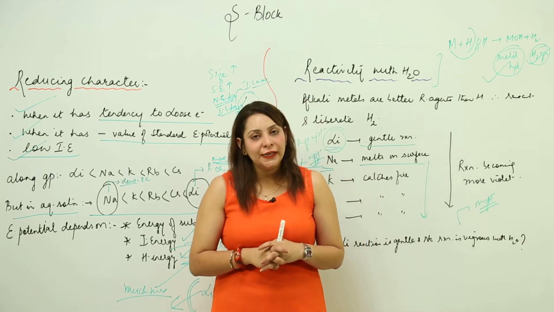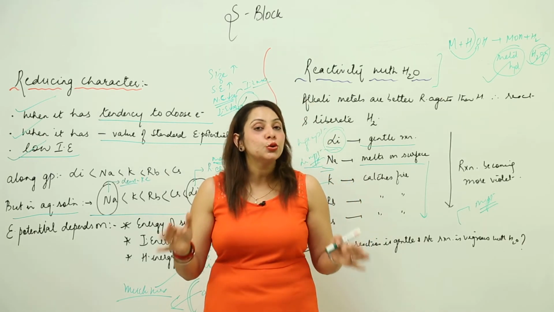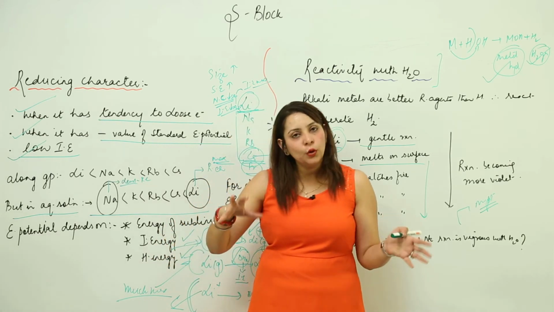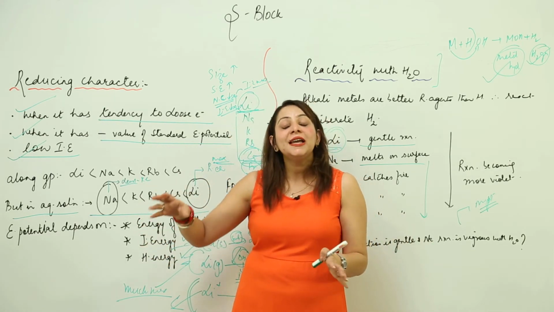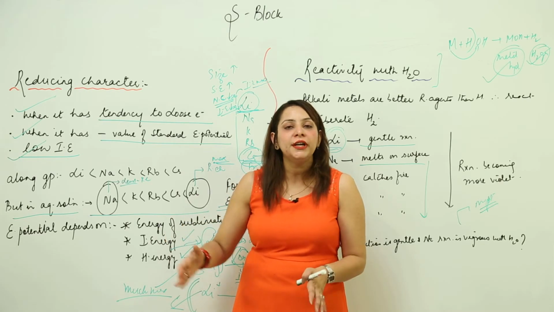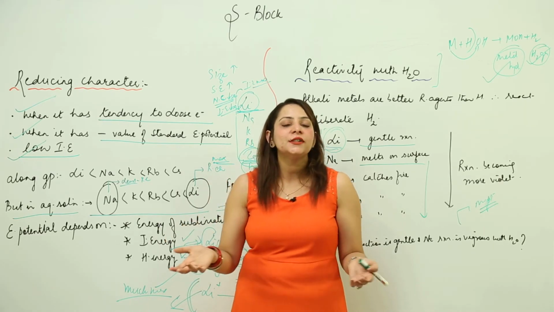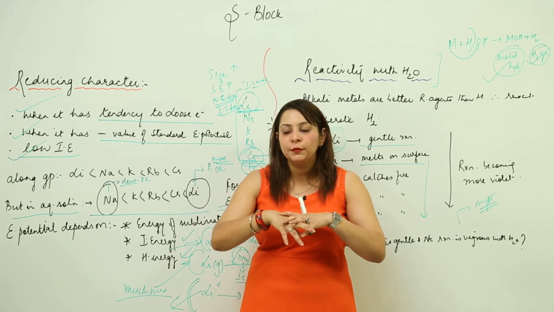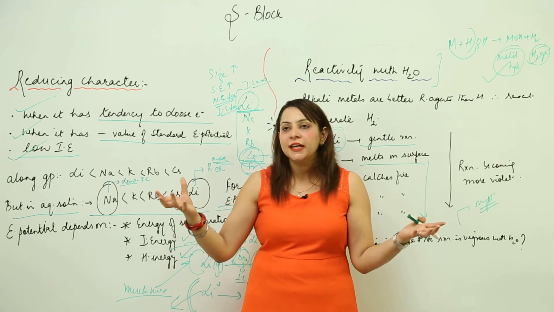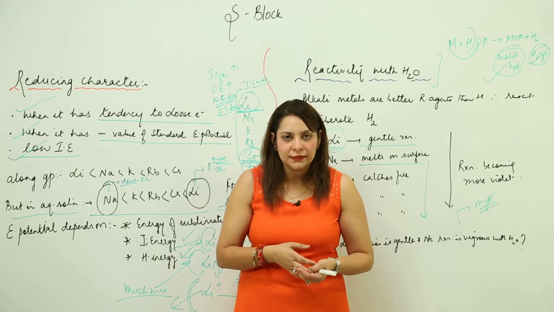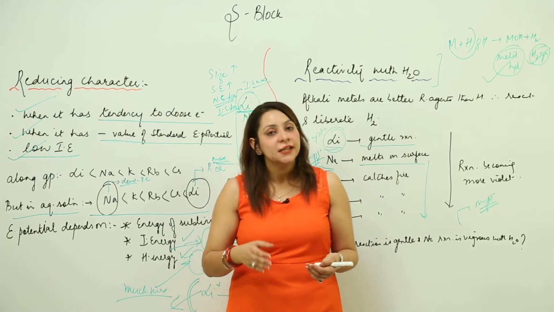But with lithium, the heat is there, but it is not sufficient to reach the melting point, so lithium could not melt. When lithium does not melt, there is no more exposed surface, so the reaction won't be violent. That is the reason it reacts gently.